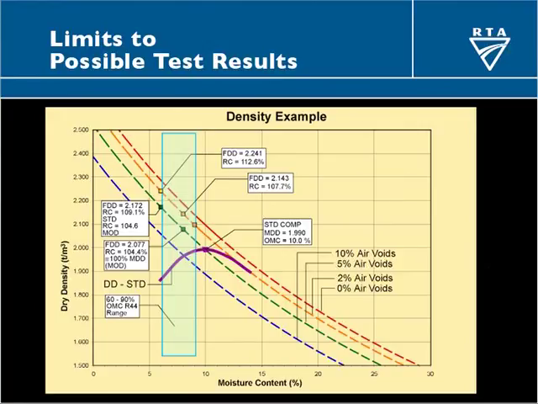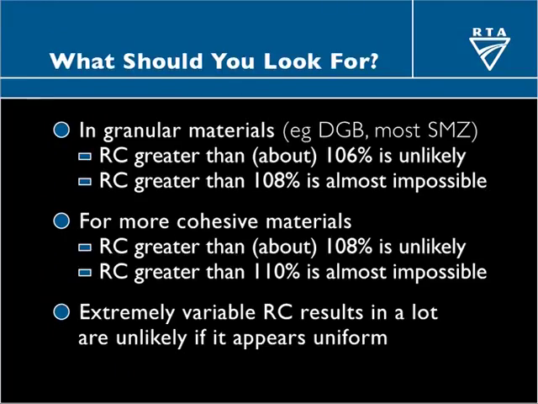It's a warning, just from the basic theory of this, about what is really achievable and what you should be looking for when evaluating results that you see. Because we sometimes, and with increasing frequency, are seeing some very high apparent compaction results. Now, what should you look for?